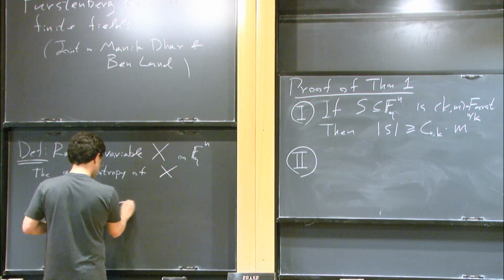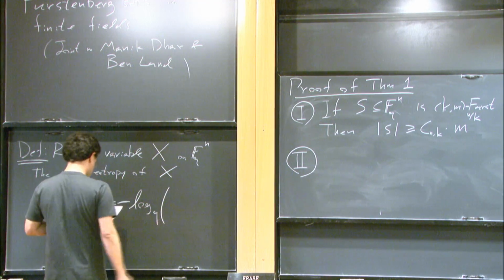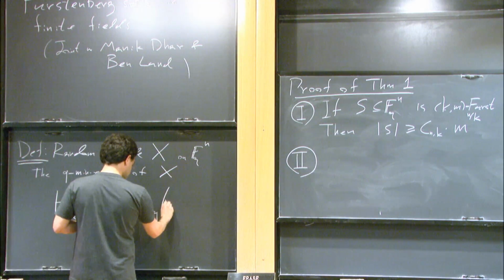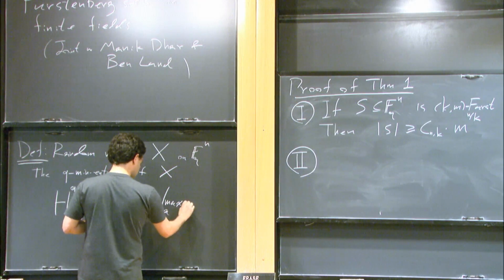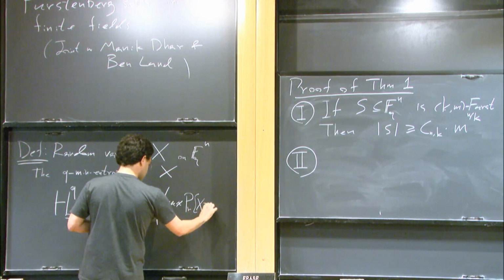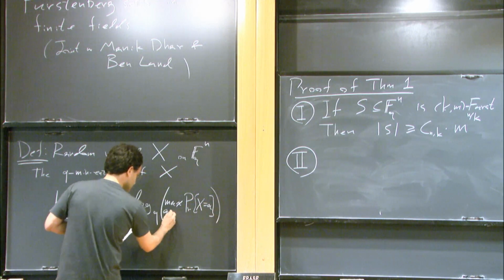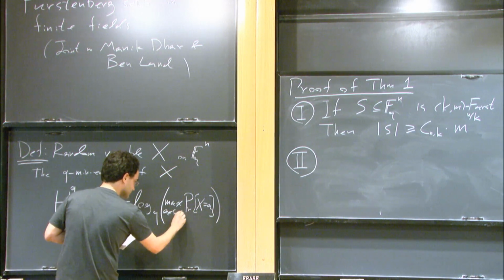It's minus log base q of the maximum over a of the probability that X is equal to a, where a is anything in the support of X, because we don't want this to be 0.